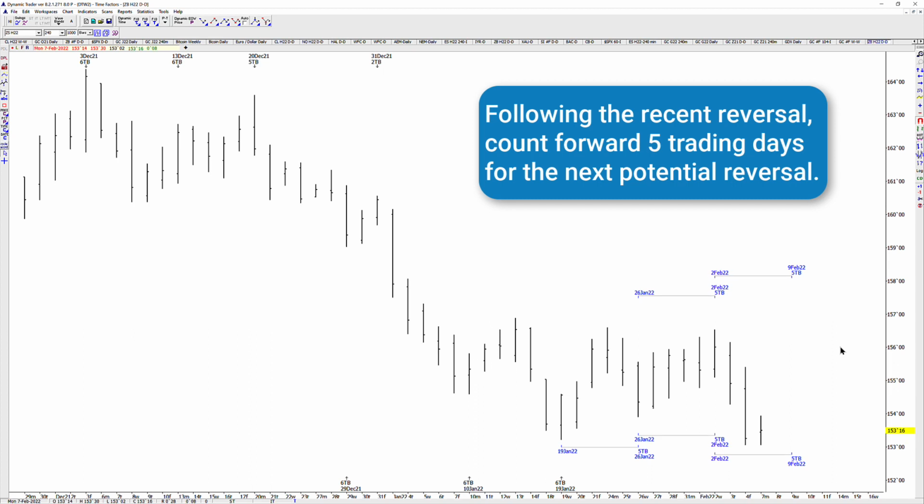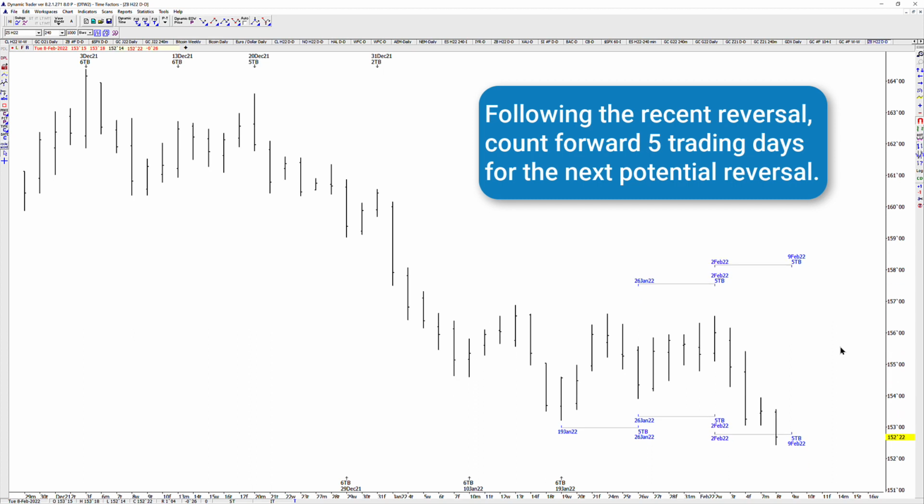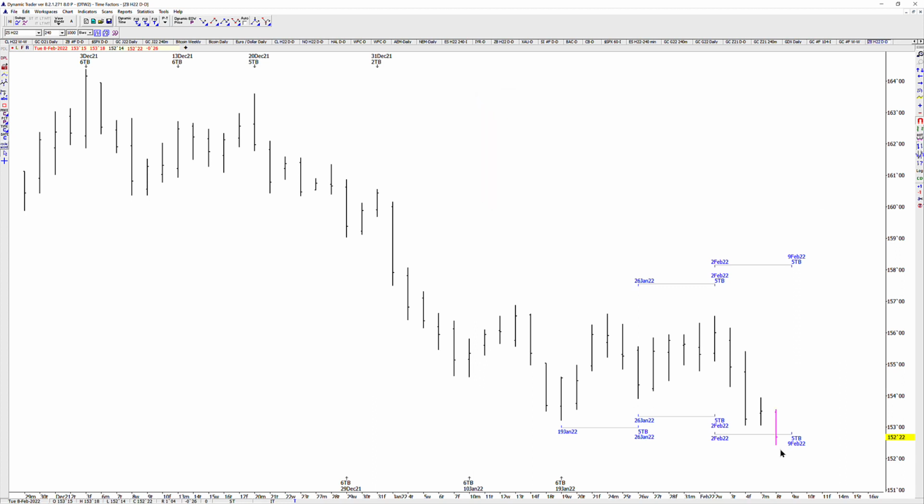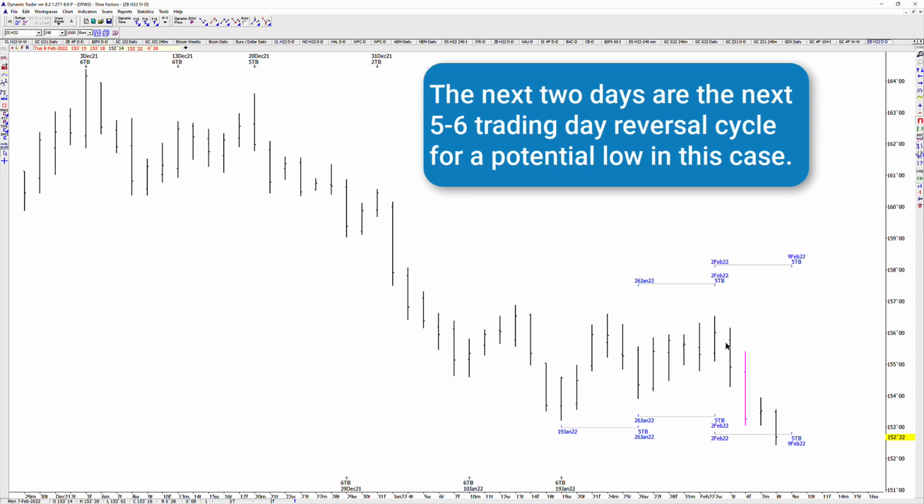Well, we're probably looking at a low because it continued lower. There we go, lower. And that's the last day on the chart because that's the day I'm recording this. So as of tomorrow and the next day, in this case Wednesday and Thursday, is day 5 and 6.